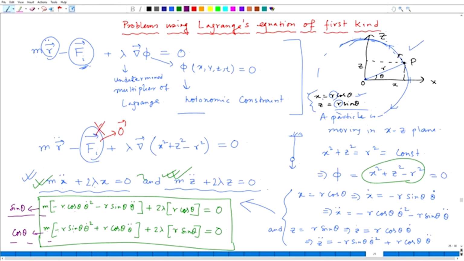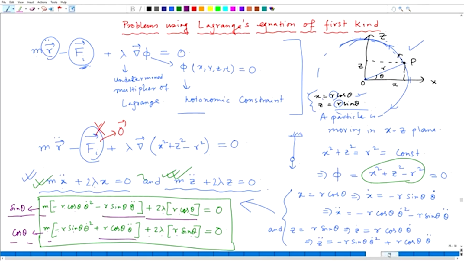So, they will cancel each other. Again I will have here plus 2 lambda r cos theta sin theta. Here I will have plus 2 lambda r sin theta cos theta. So, they will again cancel each other. The only term which will be remaining is this thing.